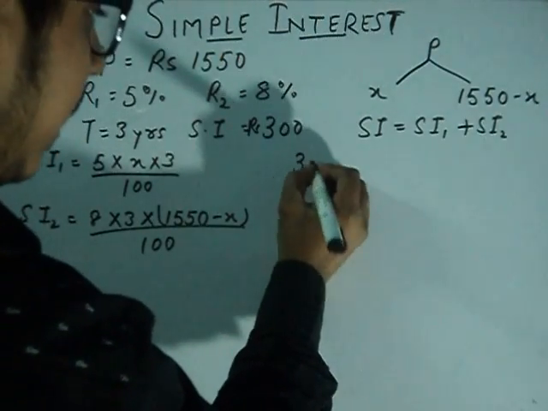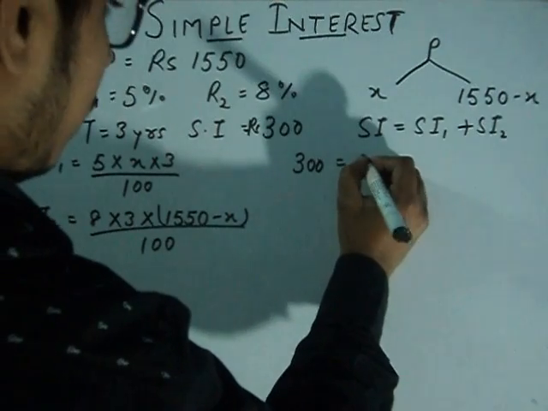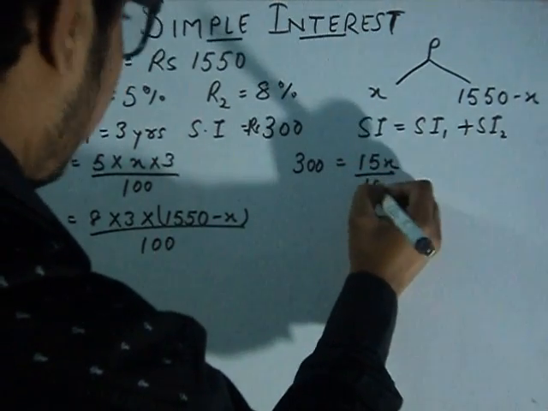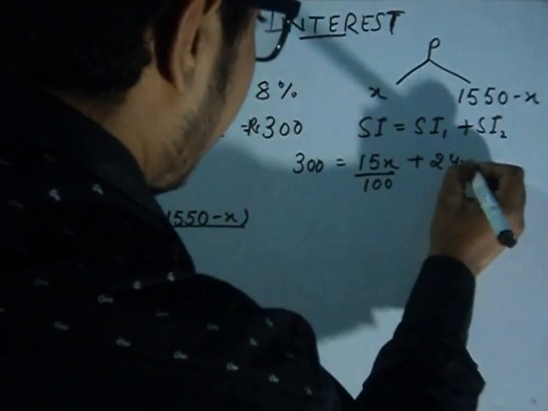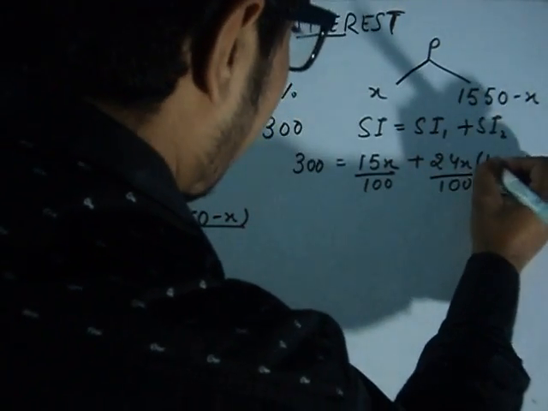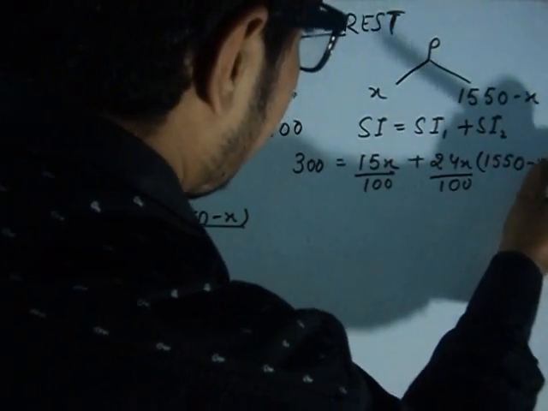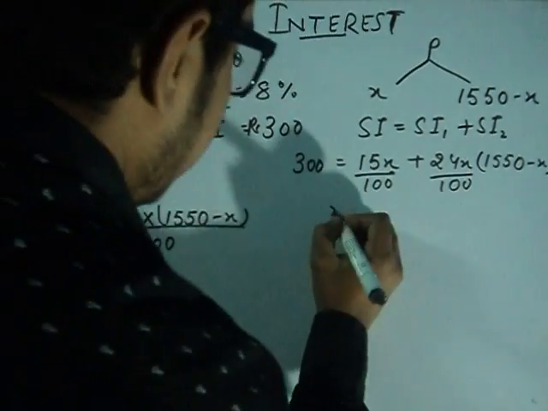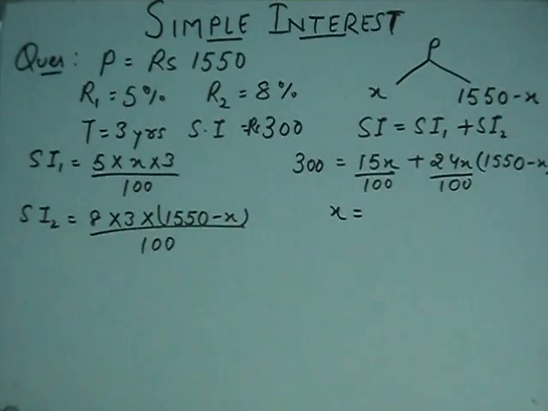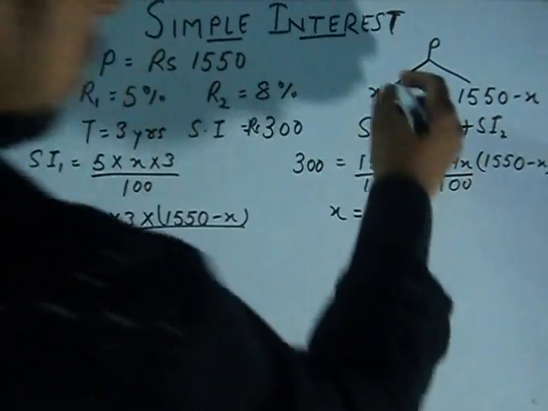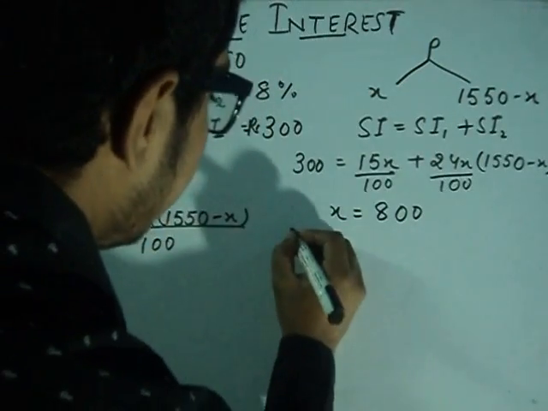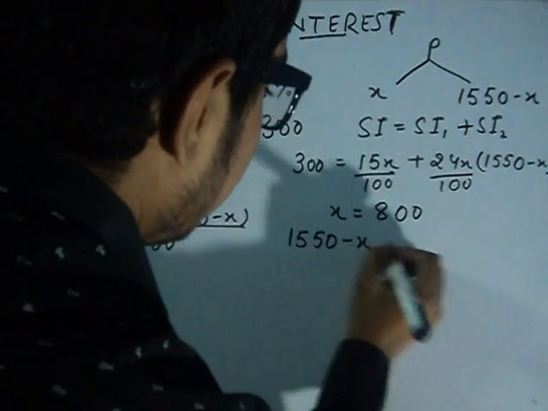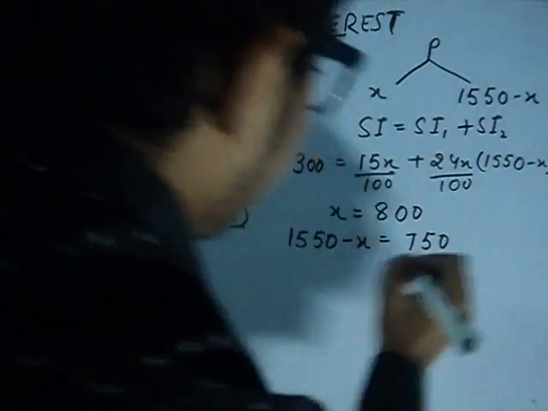So it is 300 equals 15x upon 100 plus 24 into 1550 minus x upon 100, and after solving we will get our x value as rupees 800. So our x value is 800 and the other value is equal to 750.